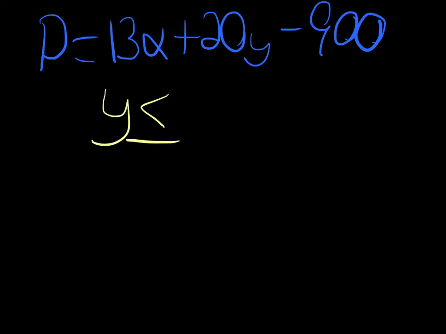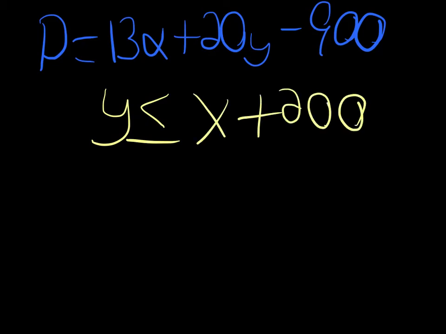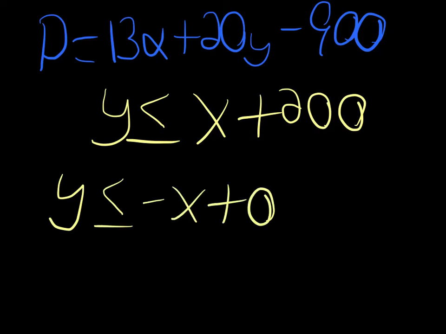Y is less than or equal to X plus 200. Production levels are limited by the formula X plus Y is less than or equal to 1,000, which is equal to Y is less than or equal to negative X plus 1,000.